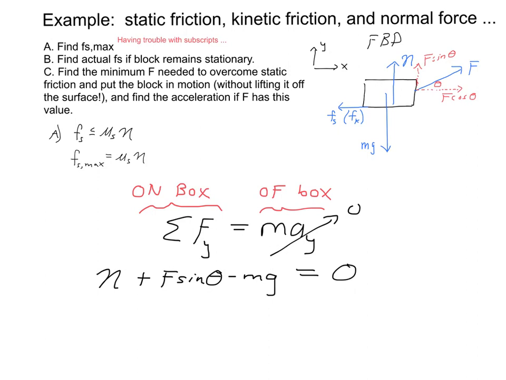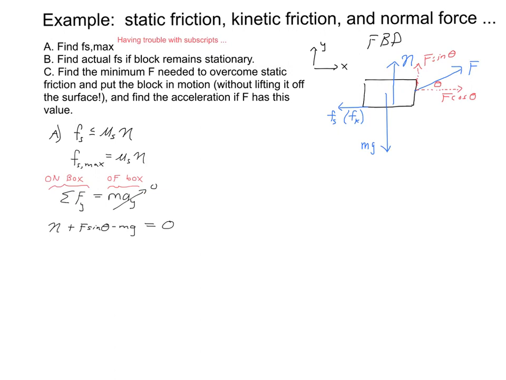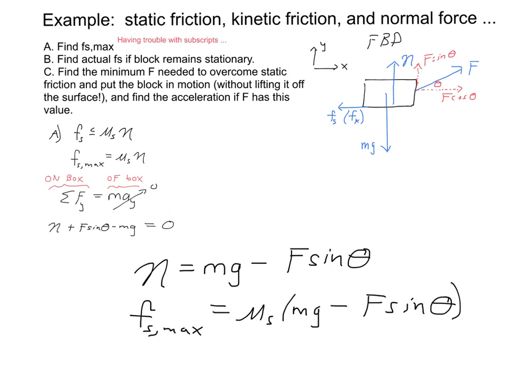We can solve this for the normal force magnitude. And finally, we can plug this normal force magnitude in right here to get the maximum magnitude of the static friction force possible. Note that if F sine theta were greater than mg, we'd have a negative normal force.